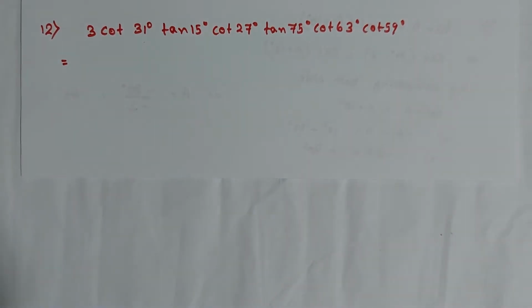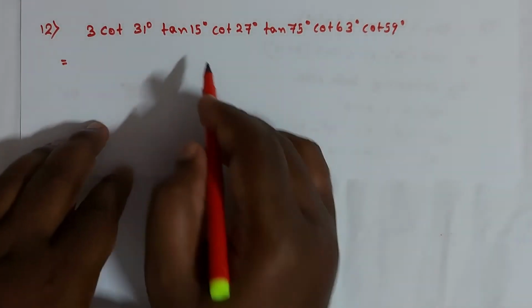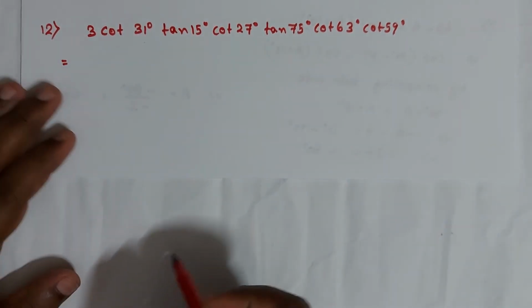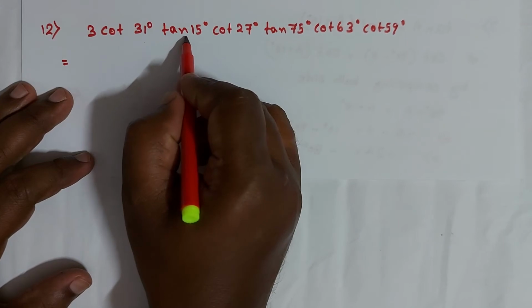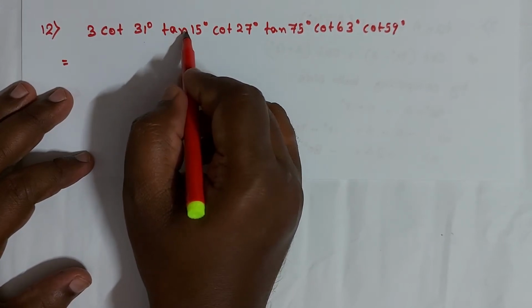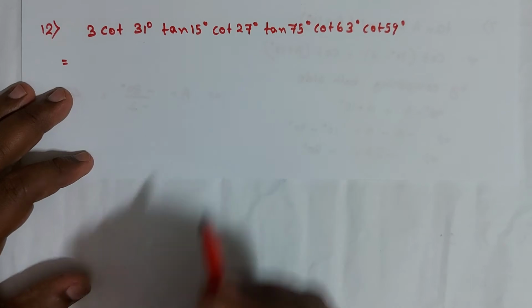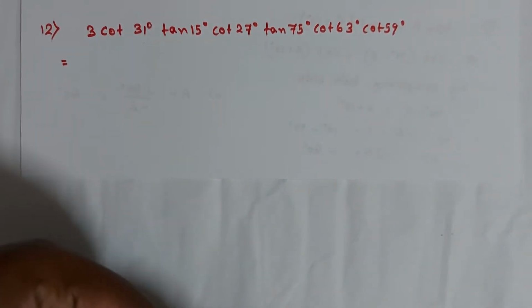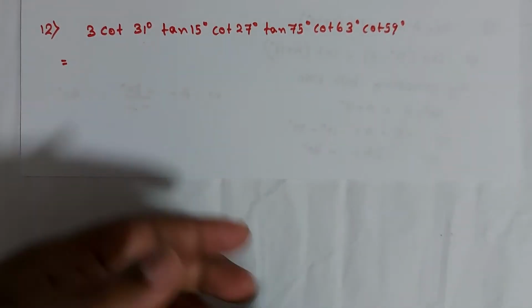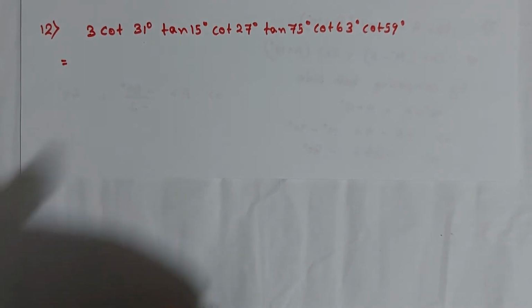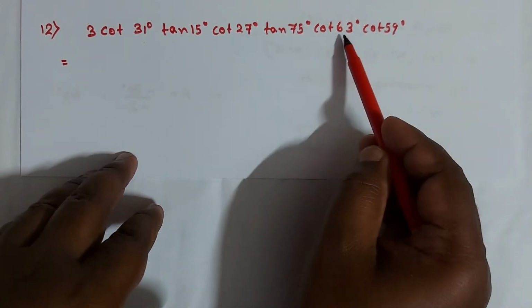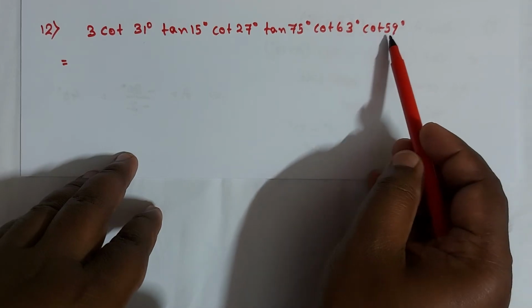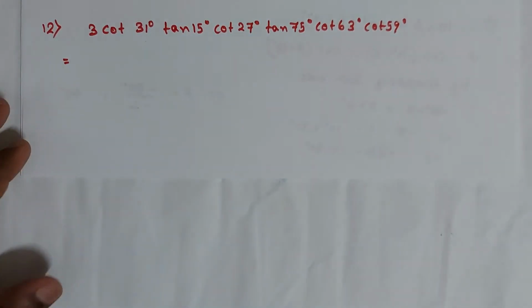Like here, tan 15 and tan 75, 15 plus 75 is 90 degrees. So we can easily convert tan 15 into cot 75, and then these will cancel each other, meaning divide and turn into 1. In the same way, you see cot 27 and 63 sum to 90 degrees, and 59 and 31 sum to 90 degrees.